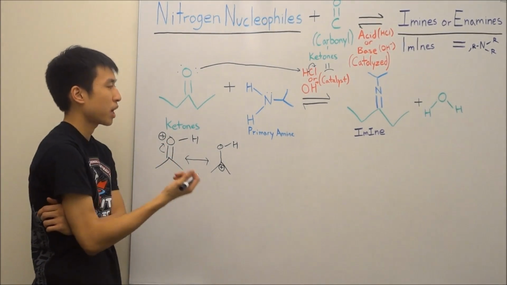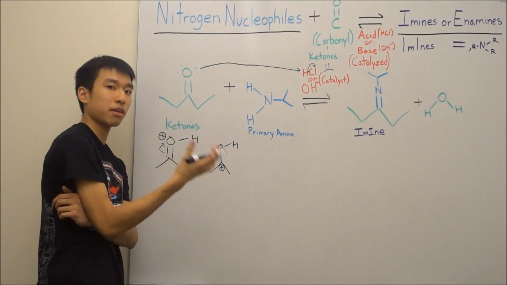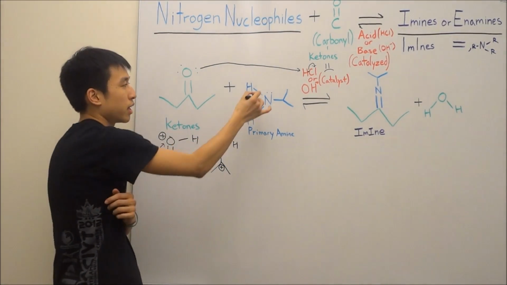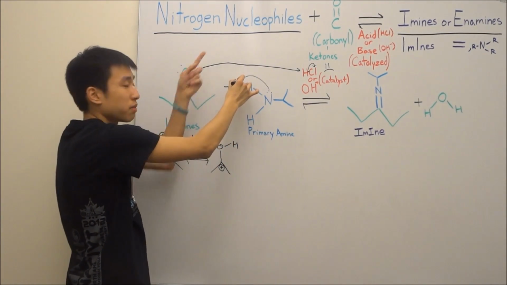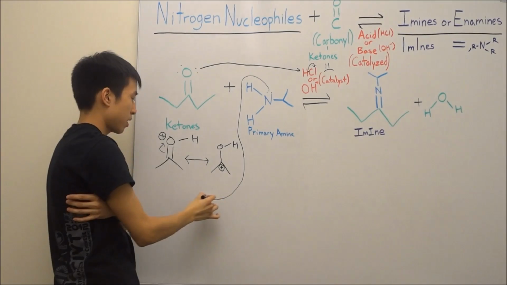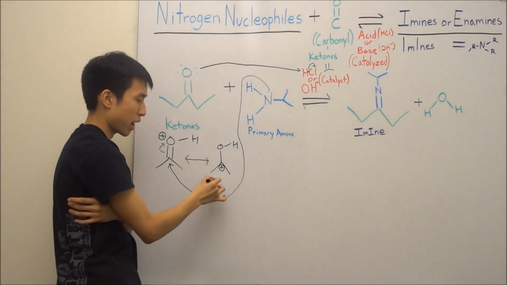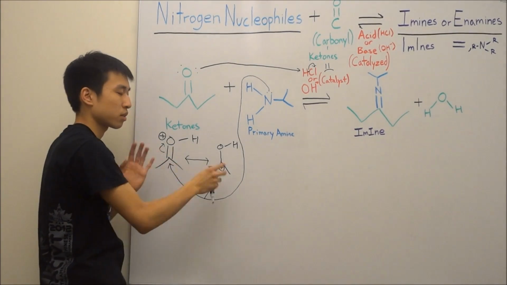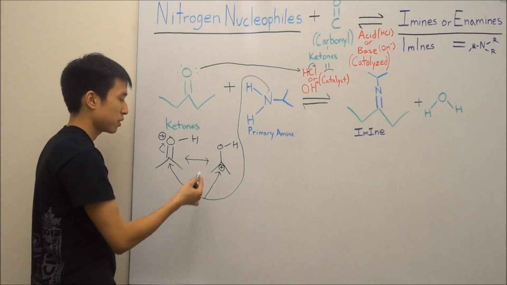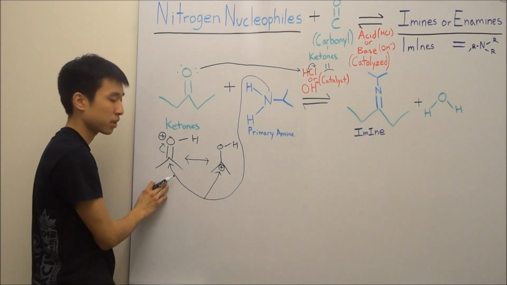Alright, so what happens is your primary amine, like the alcohol in my acetal video, takes this opportunity and attacks. It acts like a nucleophile, right? And because it's in resonance, I'm just going to draw my arrows like this, because it's technically attacking one molecule. This molecule has like 2 forms. So when you attack either form, let's just work with this one here.